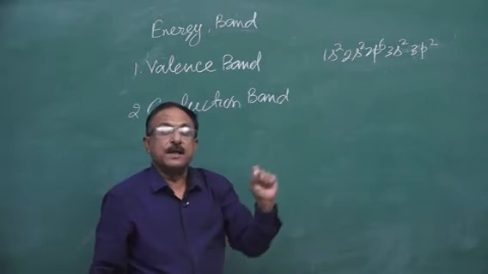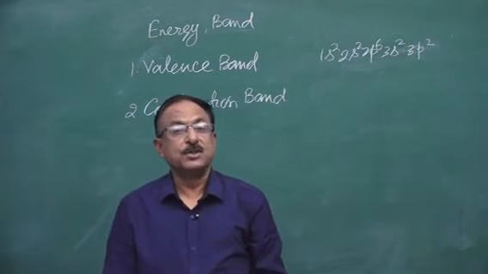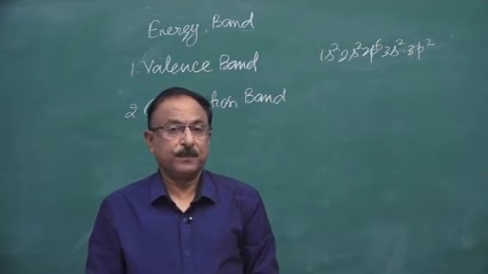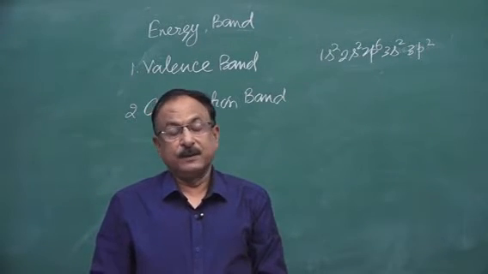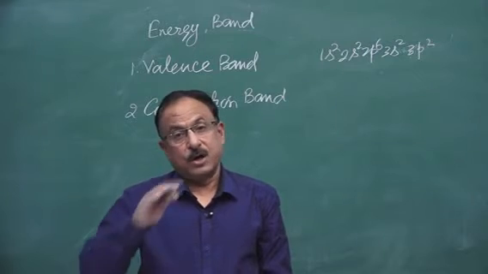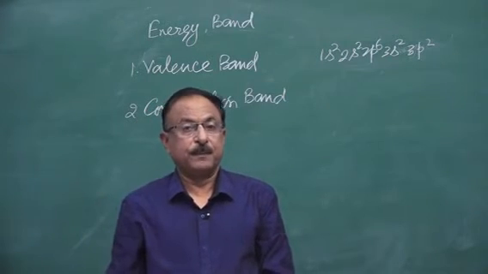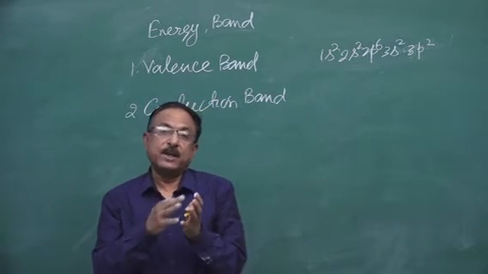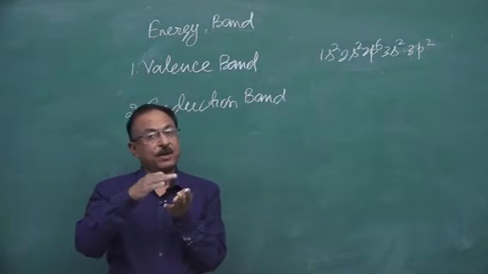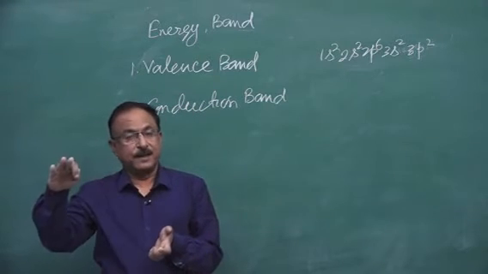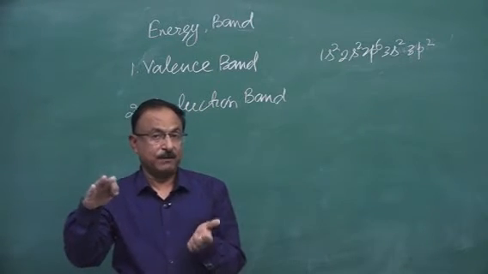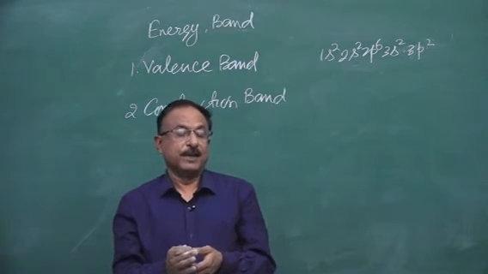The valency band is the energy band which includes the energy levels of the valency electrons. These are the outermost filled energy levels. The energy band formed due to overlapping of the outermost completely filled energy levels is called the valency band.